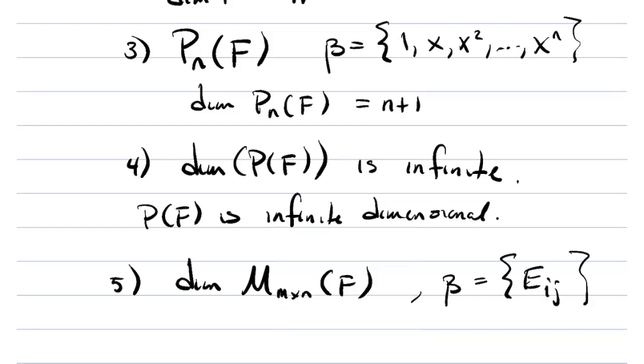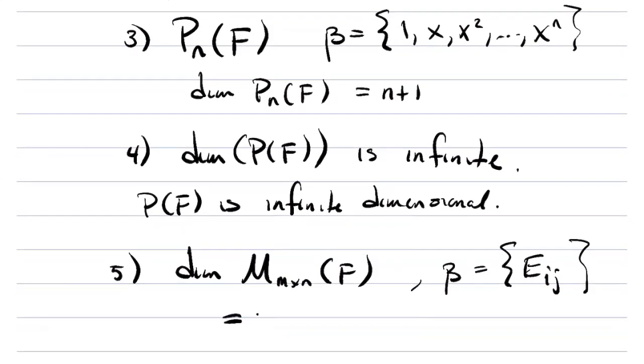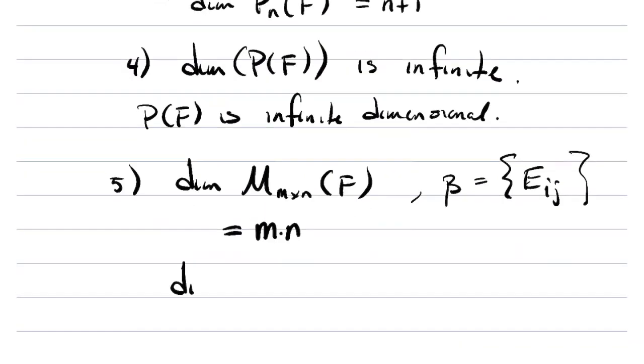So how many such pairs ij are there? There's m times n of them. So the m by n matrices form an m times n dimensional vector space. In particular, the dimension of the square matrices is n squared. Nice.